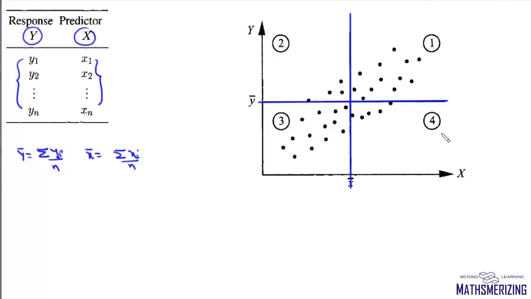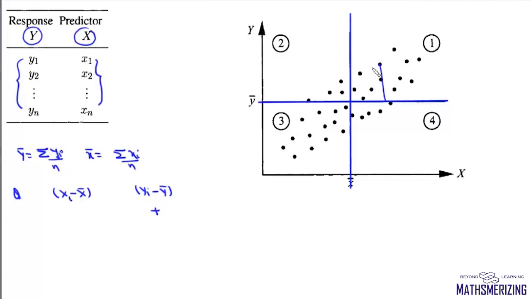Now if we consider deviations of each variable, then we have xi minus x bar and yi minus y bar. And if we look at the quadrants, in the first quadrant, if we take any point, this point is above y bar, so this yi minus y bar will be positive.